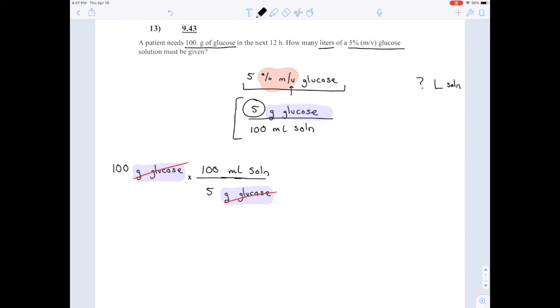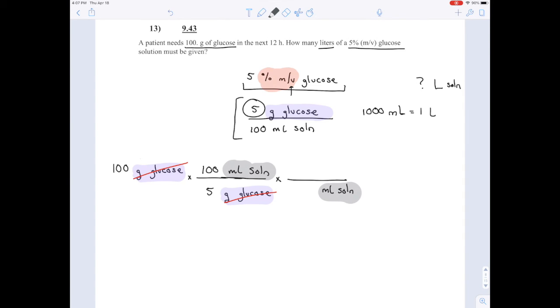We don't want milliliters though, we want liters, and so we can do one more conversion. We have to remember that there are 1,000 milliliters in every 1 liter. And so, knowing that conversion factor, every time we do a conversion, we do a multiplication sign, fraction bar, and the units that we start with on top, which here were milliliters of solution, we want on the bottom so that it cancels out.